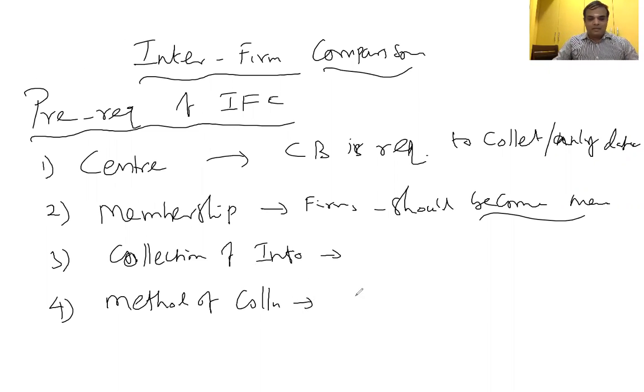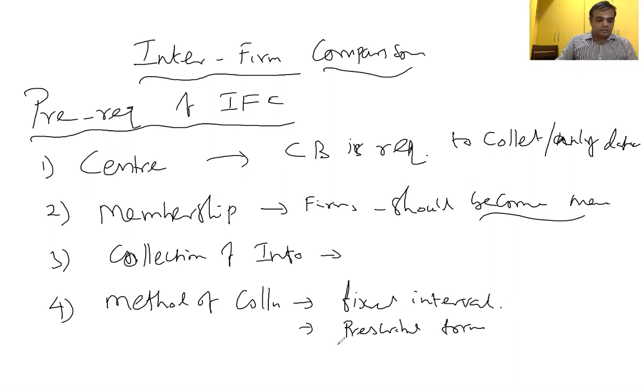We have to collect at a fixed interval, in the prescribed form. Better, we can get the information by way of questionnaires, and better still, by way of ratios.